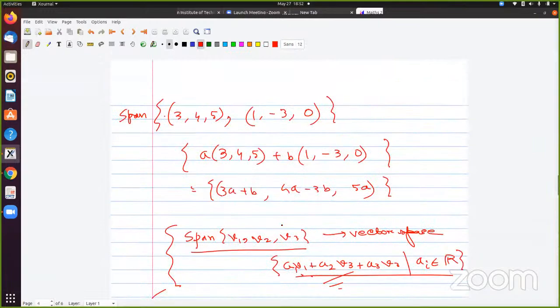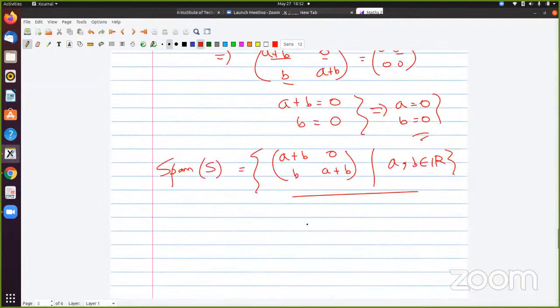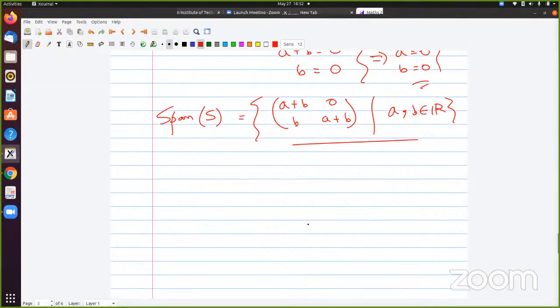Sir, in future courses, when we study data science with respect to these vectors, will they tell us the link, or do we have to link it ourselves? You have to find the link. There will be lots of data regarding different properties. Suppose you are dealing with data of students of a department.